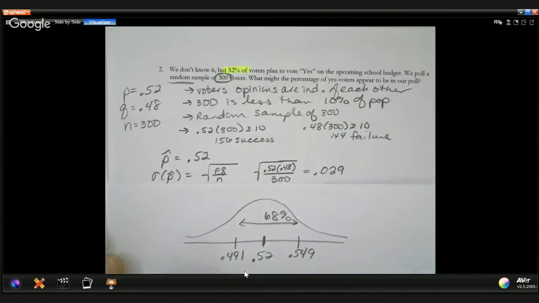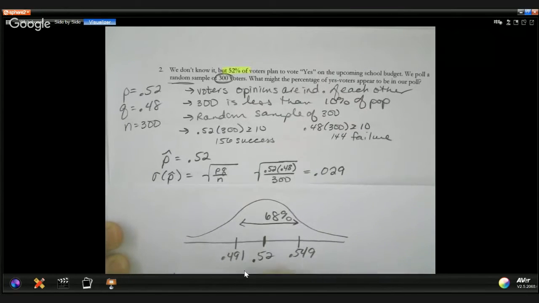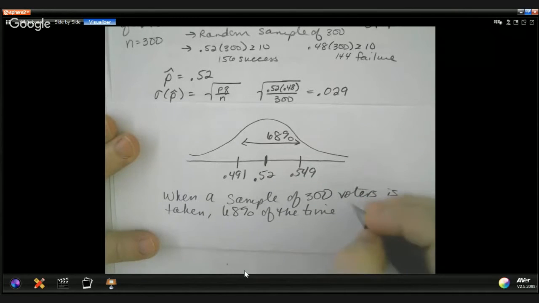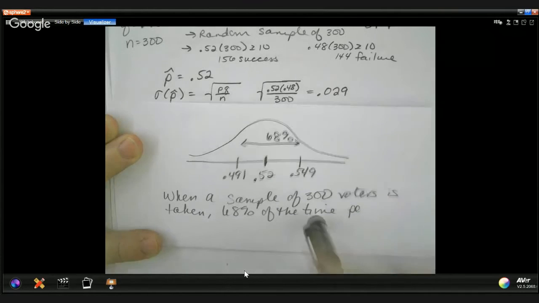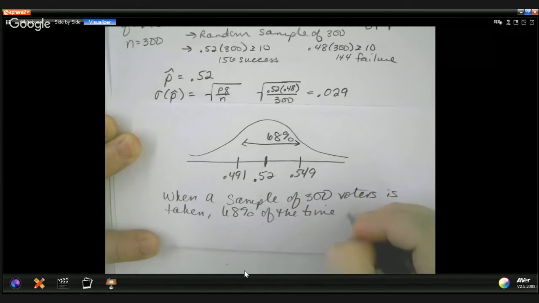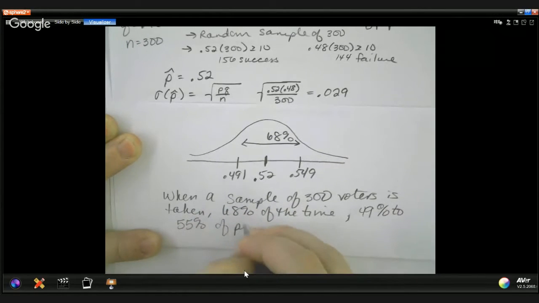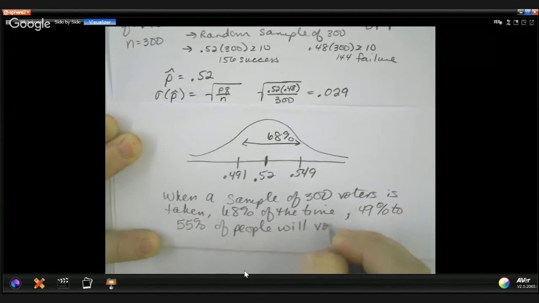And so this tells me that when a sample of 300 voters is taken, 68% of the time, the voters will vote yes. 68% of the time, 49% to 55% of people will vote yes.